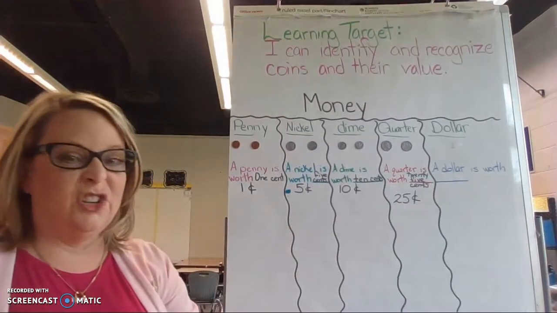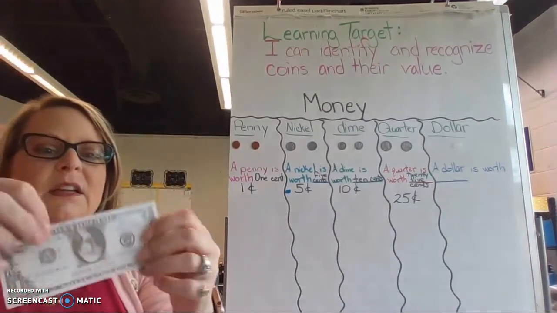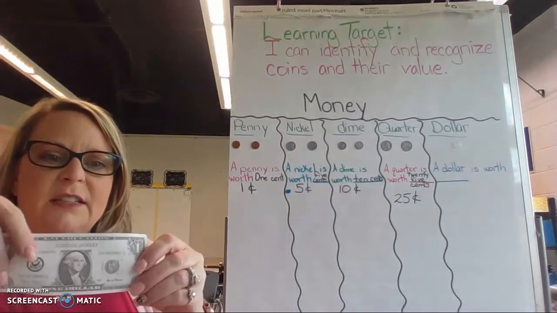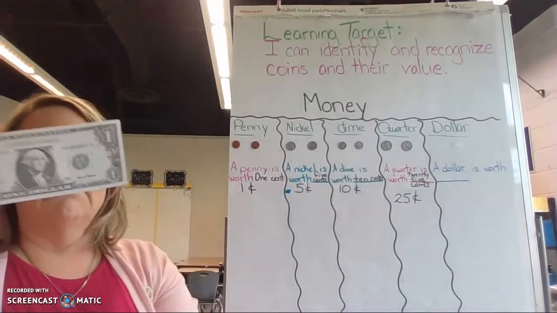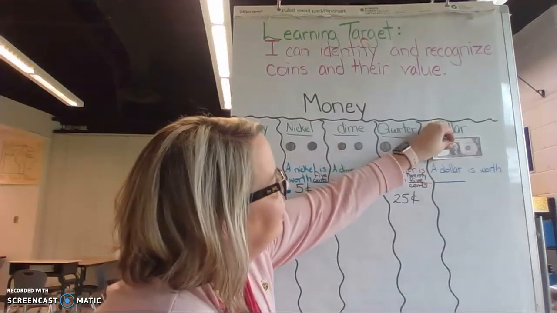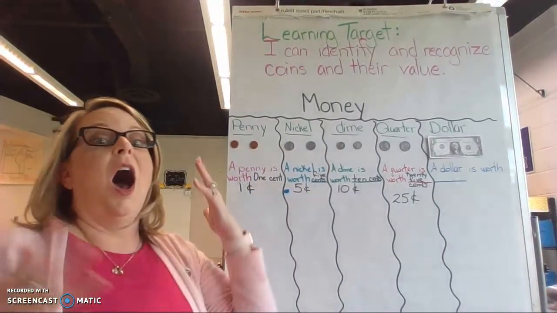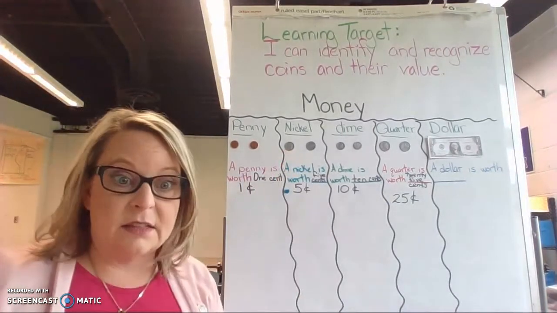Now, we have a dollar. A dollar bill is paper, isn't it? It's not a coin. A dollar bill is worth 100 cents.